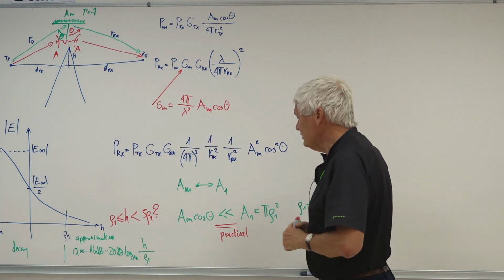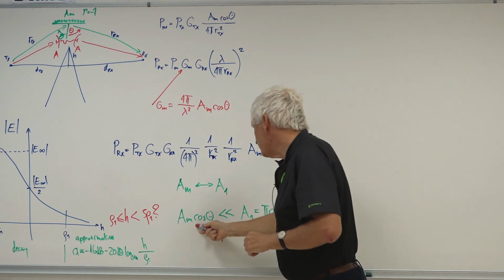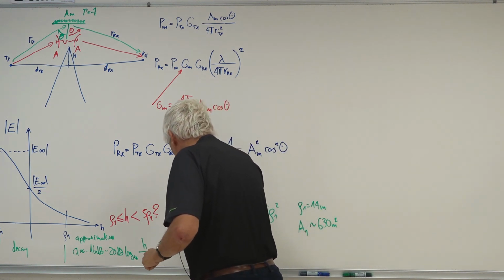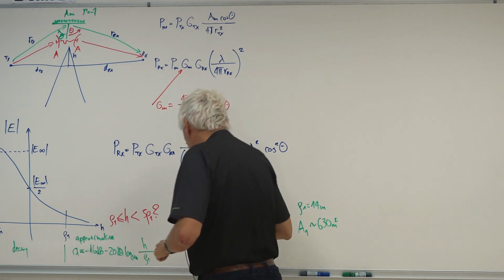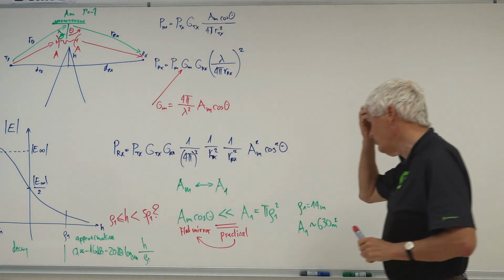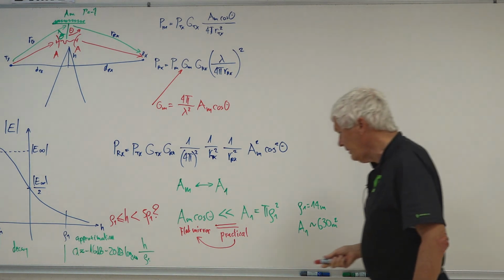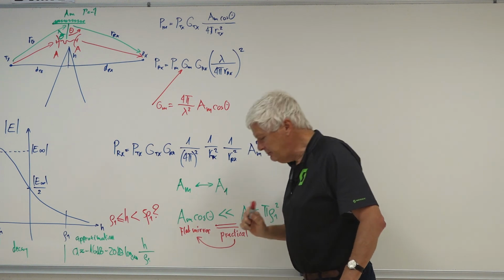For practical mirrors this is much smaller, and this means a flat mirror. We have all the contributions bouncing off this mirror surface in phase, so a flat mirror will work here.